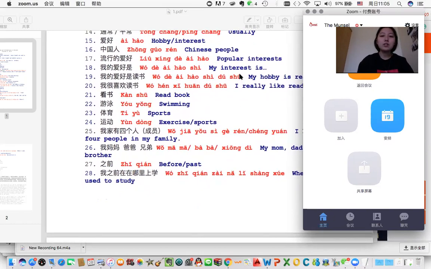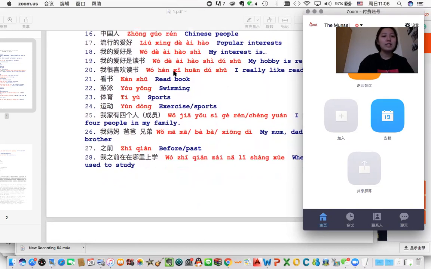My hobby is reading, which is 我的爱好是读书. 读书 is reading, because 读 is read and 书 is books.